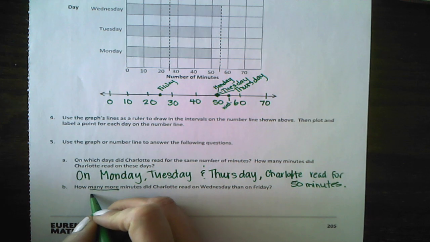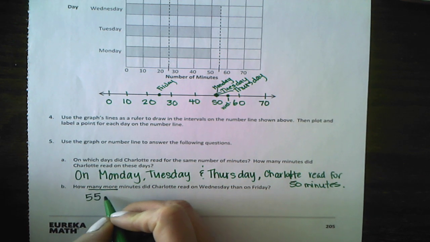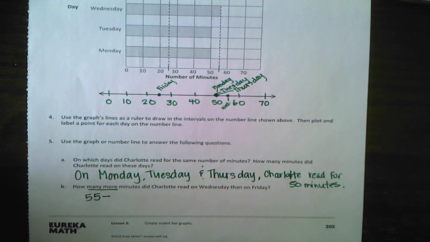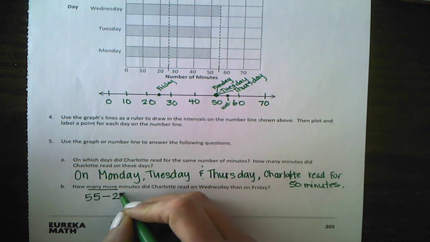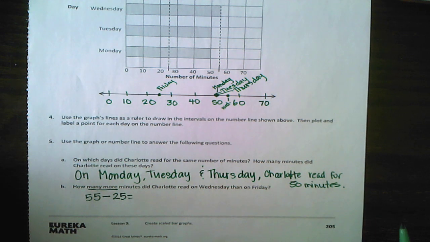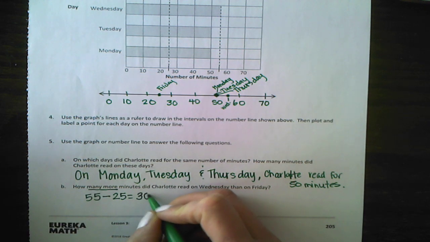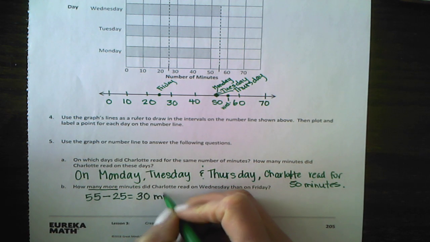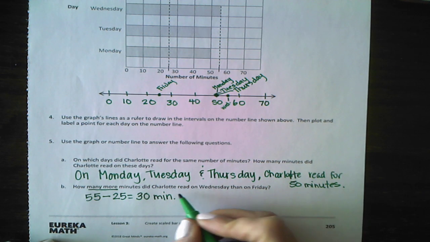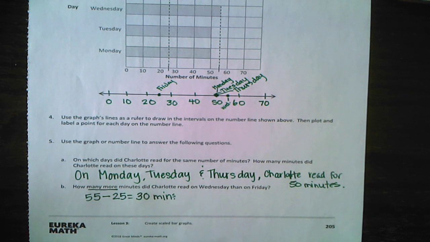So I'm going to write a number sentence. I'm going to write 55, and I'm going to take away the number of minutes that she read on Friday, which was 25, equals. 55 minus 25 is 30. You got it. Minutes. Now I'm going to write my sentence.